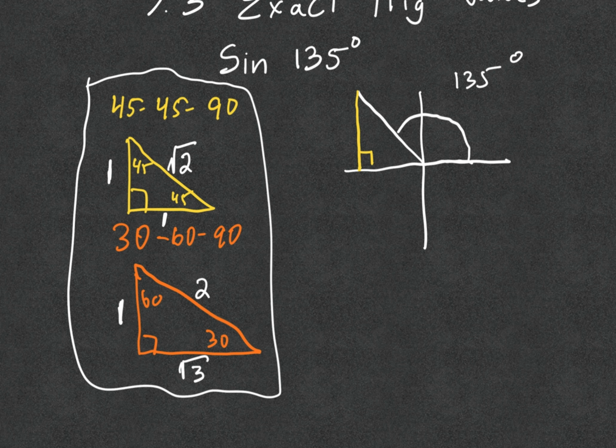Now that we've created this triangle, we want to figure out the measure of that angle right there. That angle is called the reference angle.